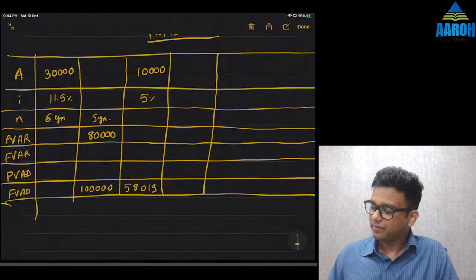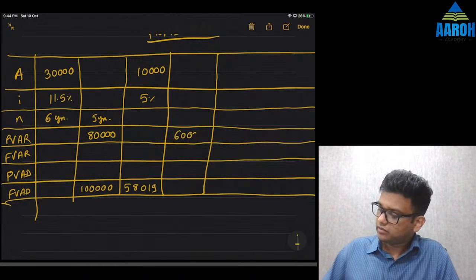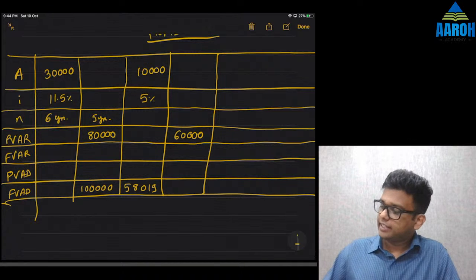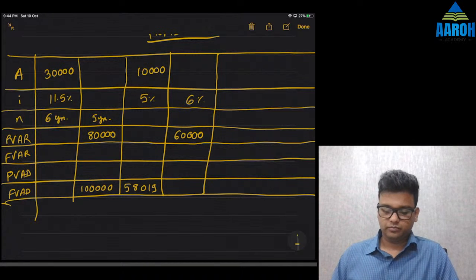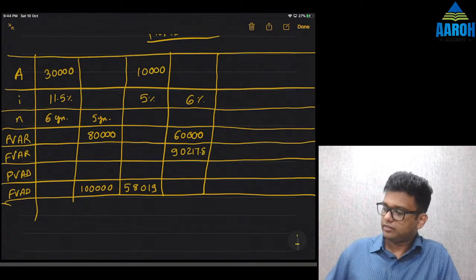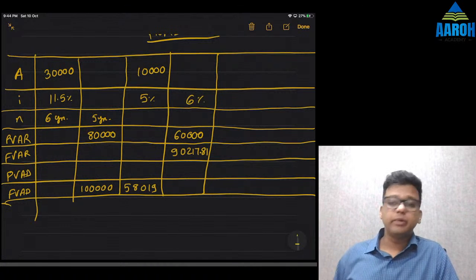Next is, let's say PVAR is given as 60,000. Interest rate is 6%. FVAR is 90,217.81. You have to find remaining 4.